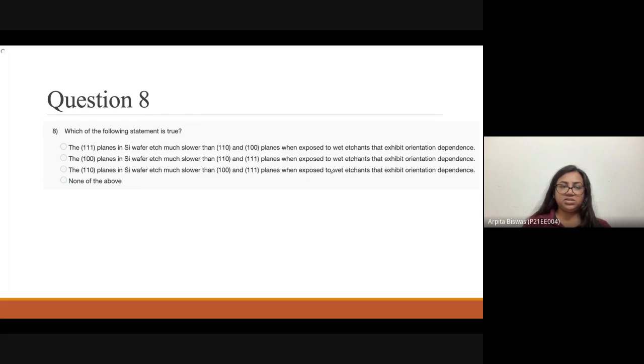The second option is the 100 plane in Si wafer etch much slower than 110 and 111 plane when exposed to wet agent that exhibit the orientation dependence. And the third option is the 110 plane in Si wafer etch much slower than 100 and 111 plane when exposed to the wet agent that exhibit the orientation dependence. And the fourth option is none of the above.